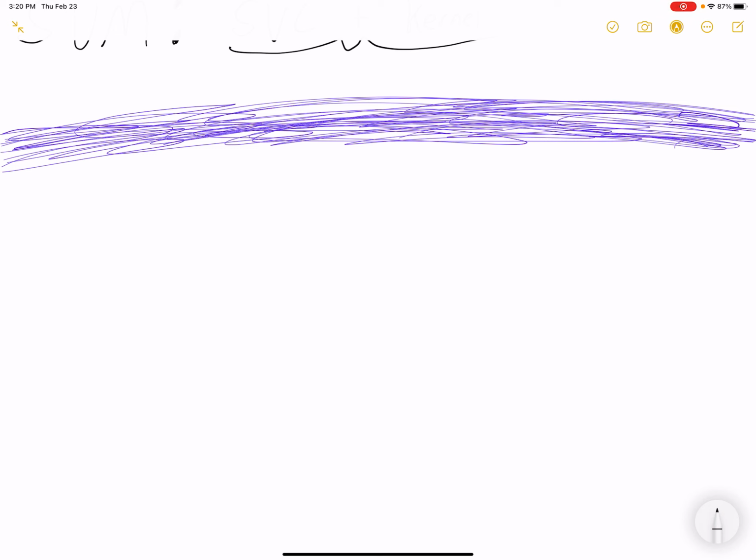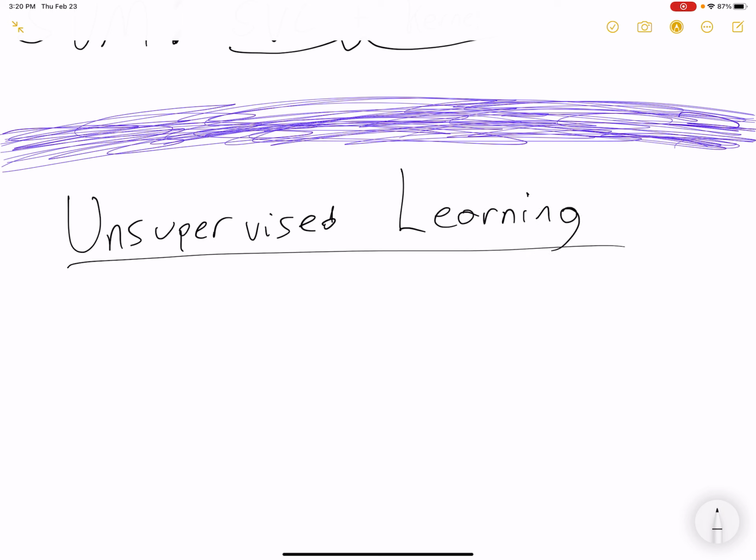But we're going to talk a little bit about unsupervised learning for just a couple classes. We're moving to a whole new section of machine learning, but we won't cover it for too long, because we want to then go back to neural networks, which can work for both supervised and unsupervised learning, and reinforcement learning, actually. So we'll connect neural networks to all three types of learning.